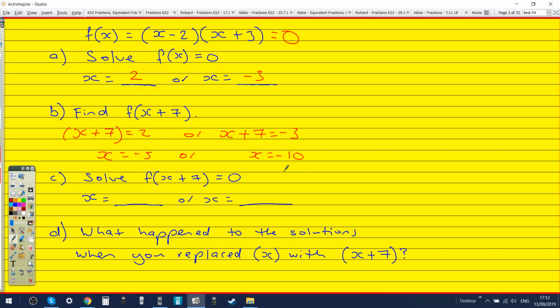The quick way of doing this, we went from having 2 to -5. We went from having -3 to -10. What's the quick way of going from 2 to -5 or -3 to -10? What happened there? What do you have to do to 2 to turn it into -5, and -3 into -10?